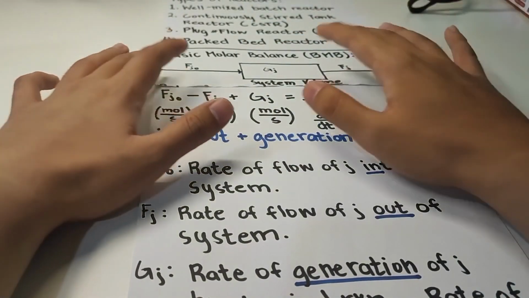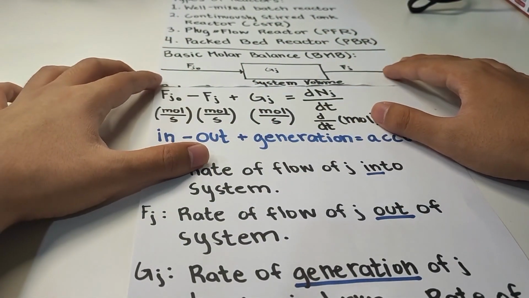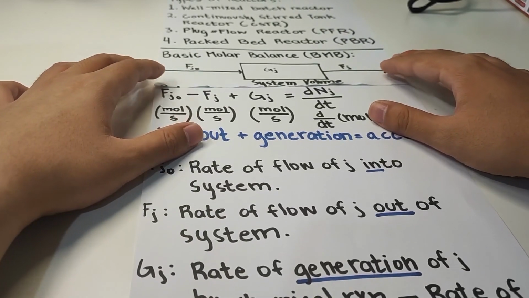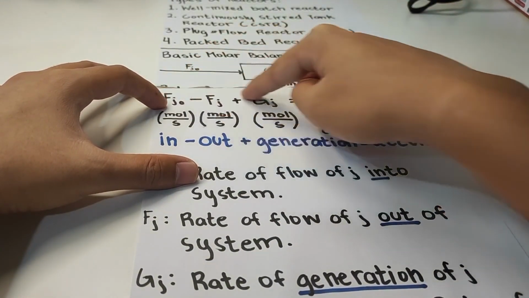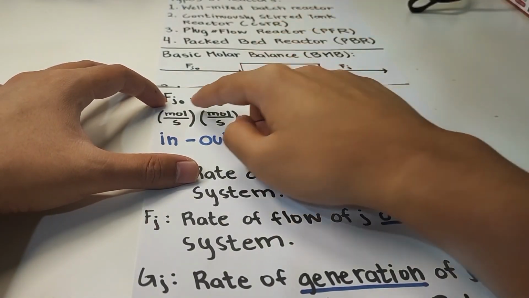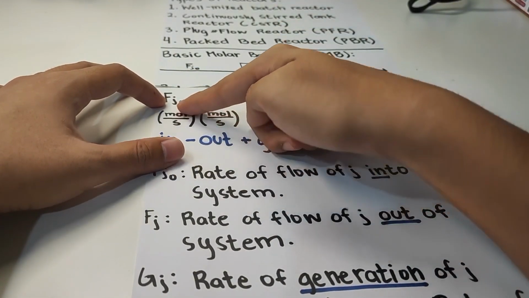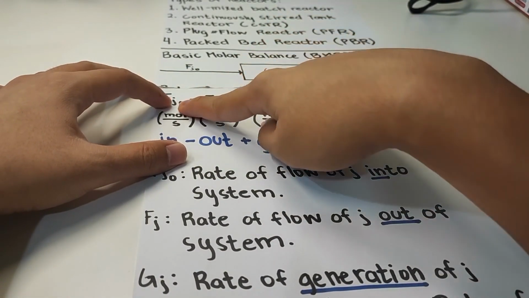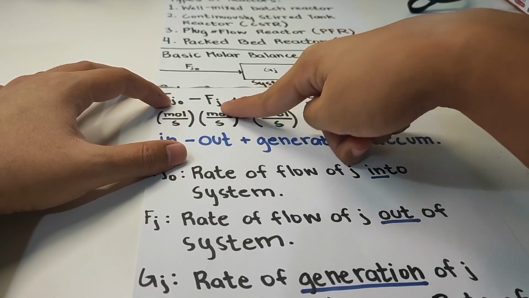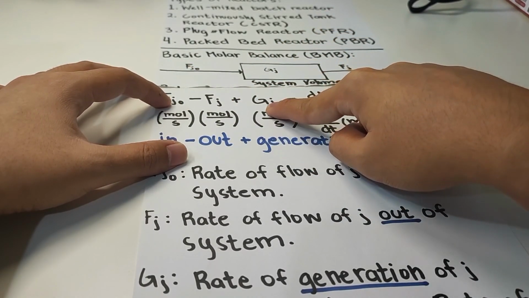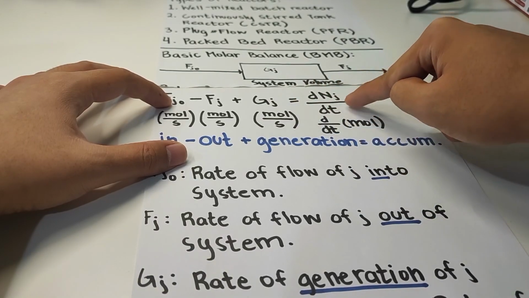This figure reflects this equation: Fj0, the rate of flow of J into the system, minus Fj, the rate of flow of J out of the system, plus Gj equals dNj over dt.